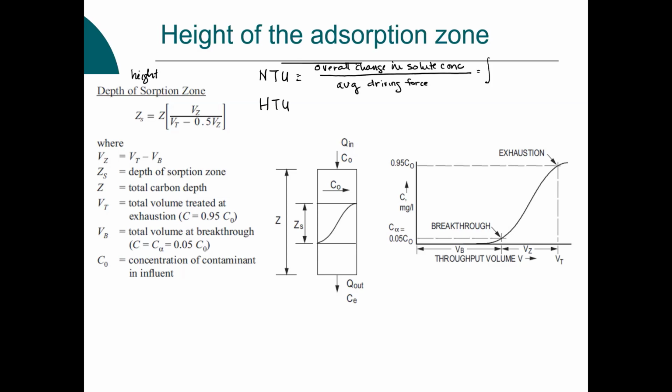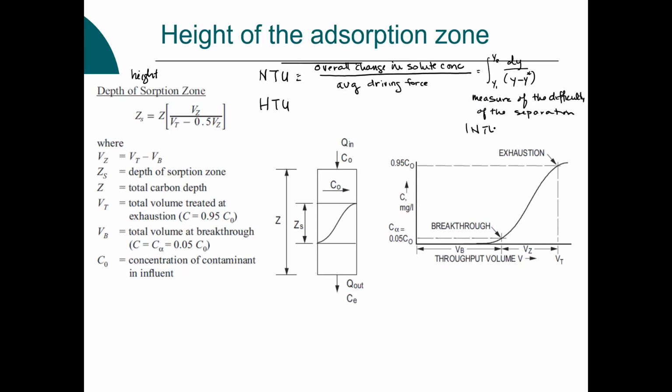And that is equal to the integral from y1 to y2 dy of y minus y star, where y star is the equilibrium concentration. So it is a measure of the difficulty of the separation.